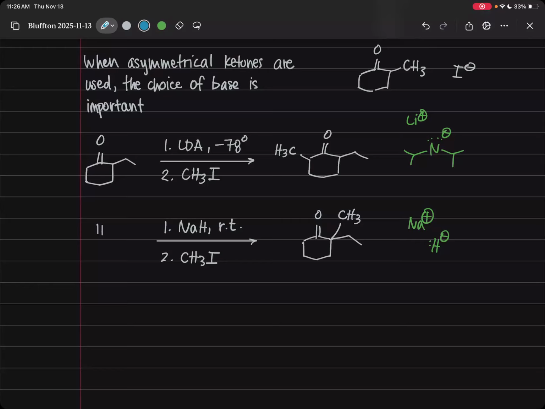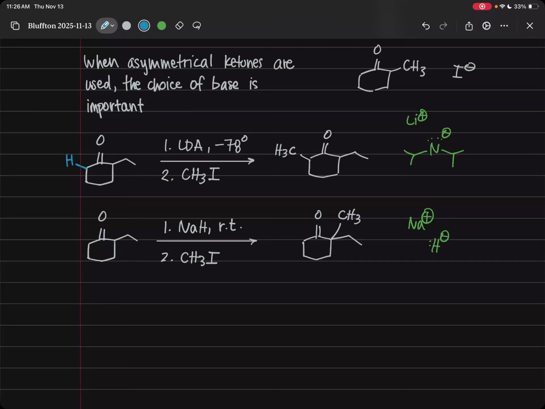So in order for substitution to happen at the carbons that we've indicated that it does, the proton that gets deprotonated to form the enolate here is that one.